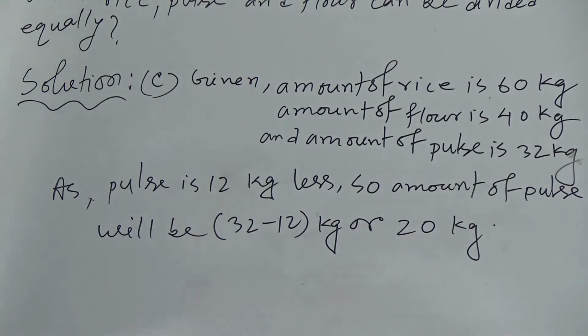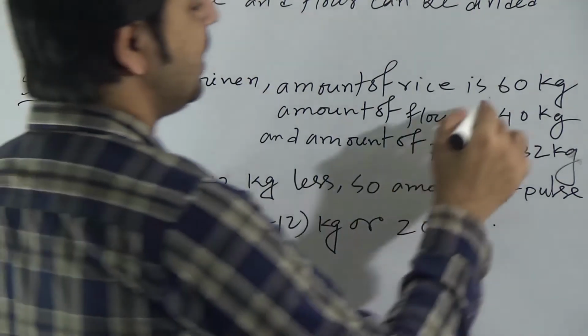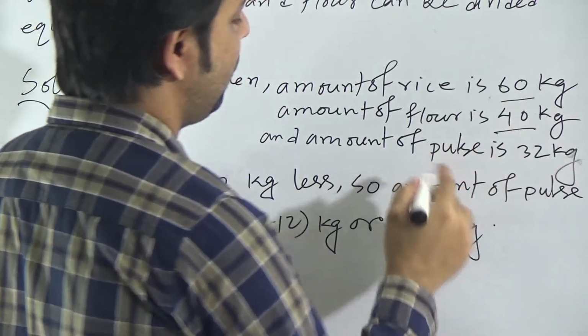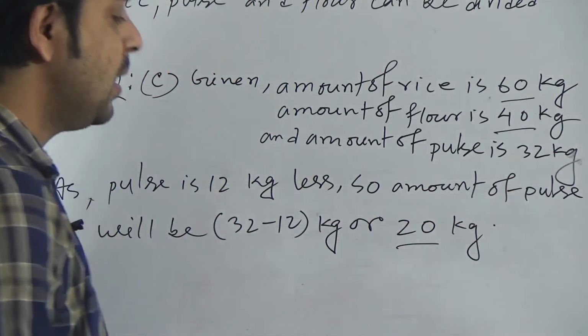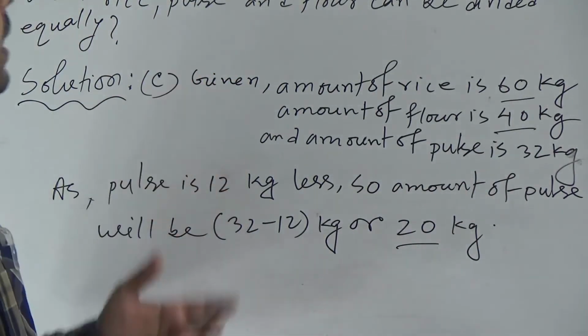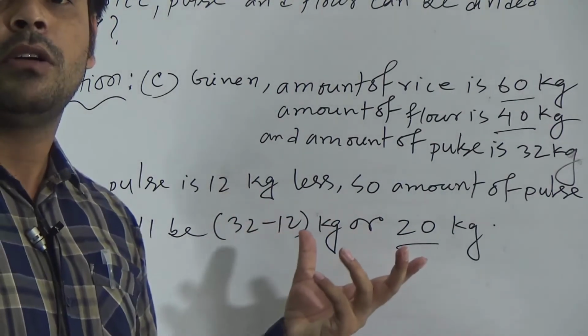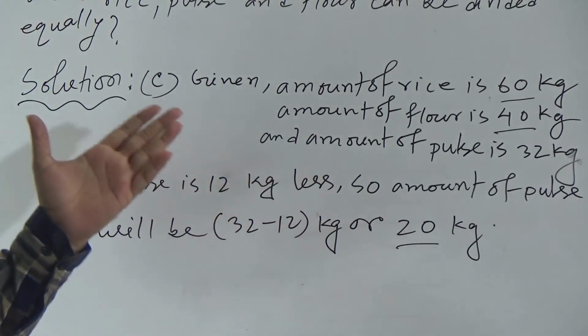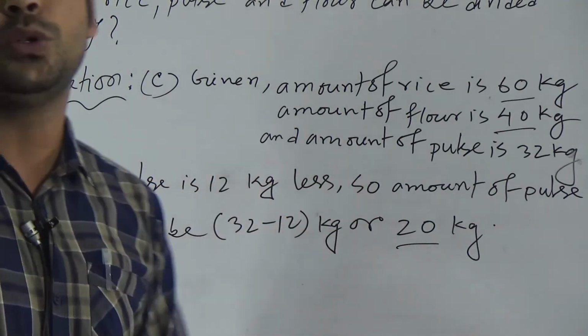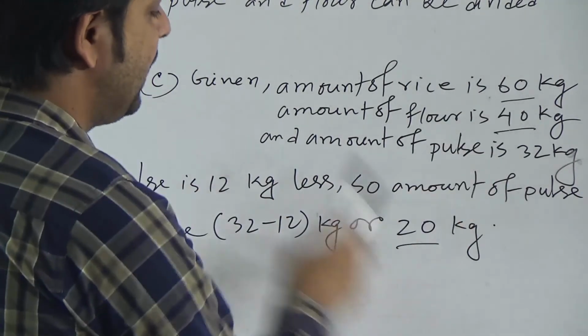It means that we have to distribute 60 kg rice, 40 kg flour and 20 kg pulse among some flood affected families, and as we need to find the largest number of families, we have to do the HCF of these 3 amounts.